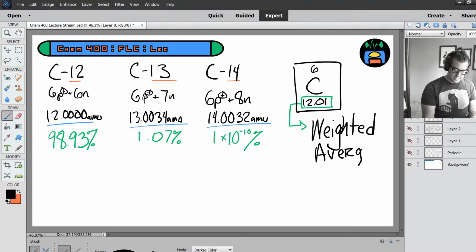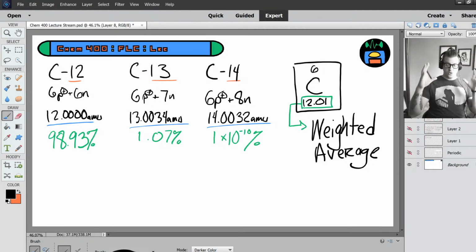All right, this is a weighted average, and we need to take into account the natural abundance of each isotope in addition to its mass in order to calculate the atomic mass.